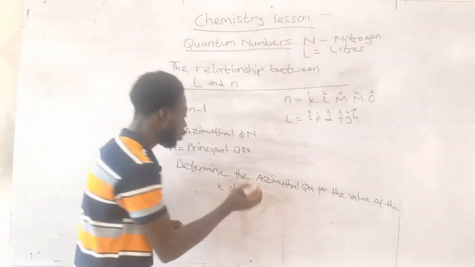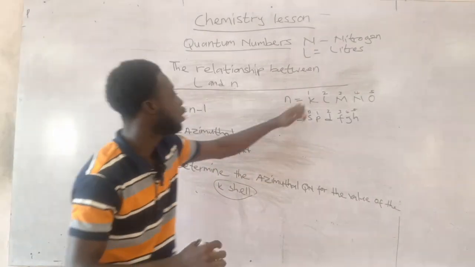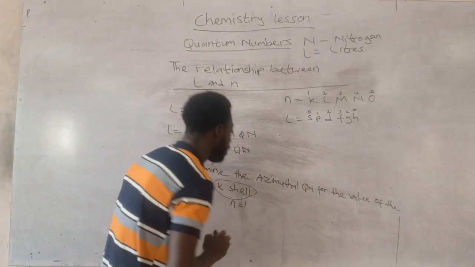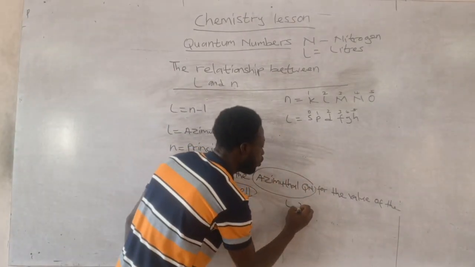Now I told you that when you have the K shell, it means the principal quantum number. And what's the value of the K shell here? It's 1, right? Now our azimuthal quantum number is what? It's l. We don't know it, right?